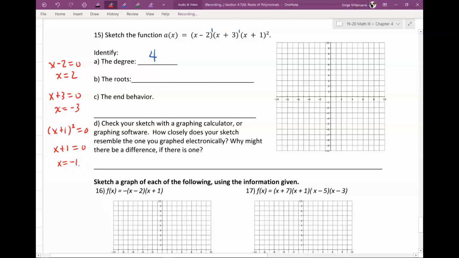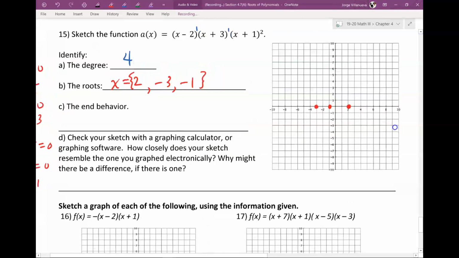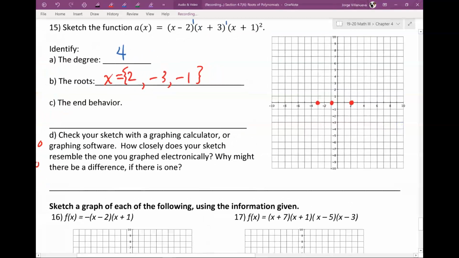So here are my roots: x equals 2, negative 3, and negative 1. So on my graph, I'm going to put a dot at 2, negative 3, and negative 1, because they're my roots, which means that's where it crosses the x-axis.